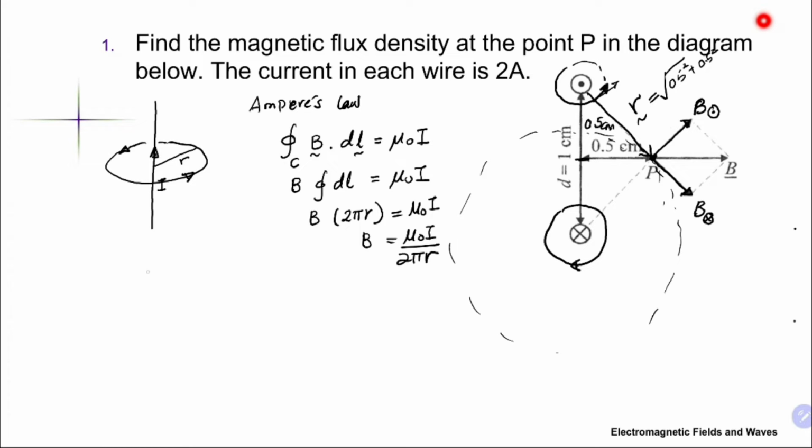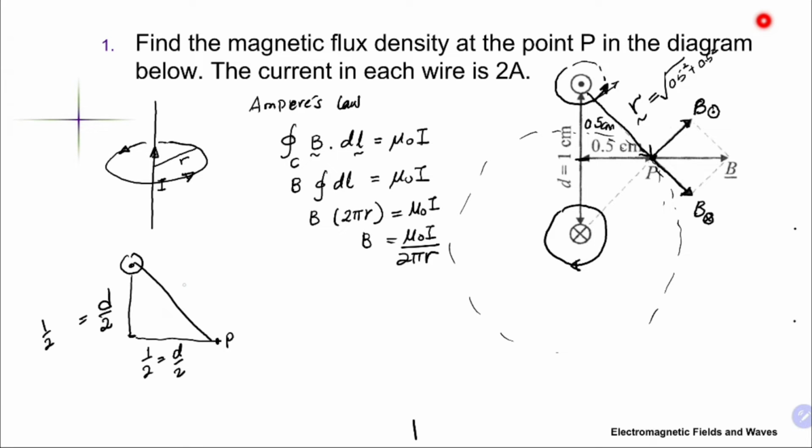Okay, a bit crowded up there. Let me redraw this here. So this is d over 2, which is equal to half. Here is also half, also equal to d over 2.